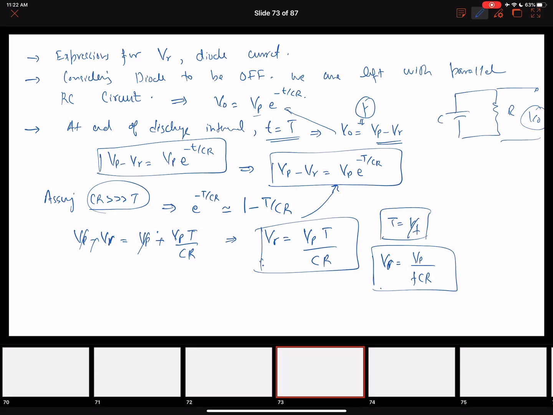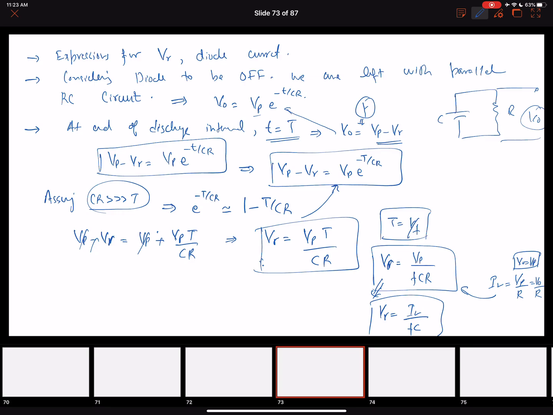Another formula, we also saw that our load current equals the peak value over R, when V naught equals Vp. So we can also replace Vp over R with the load current, so it will become IL over fC, kind of another formula. I'm giving you all the formulas that you probably need.